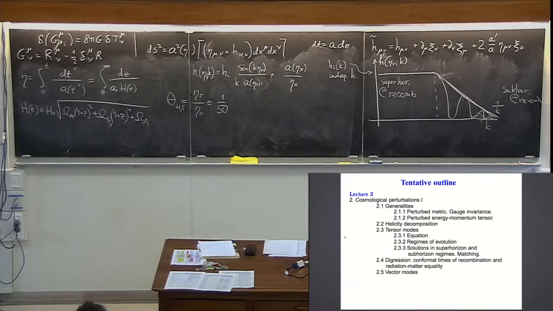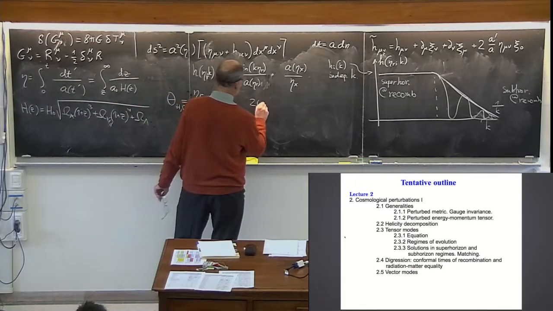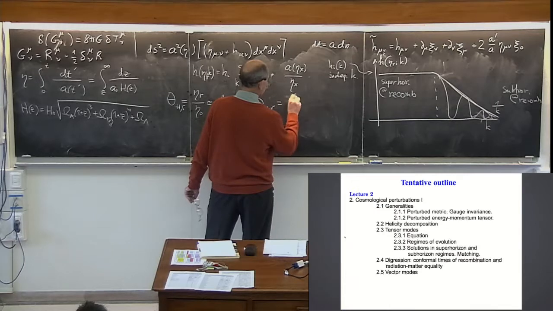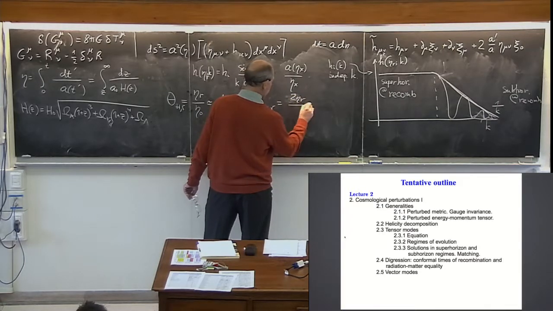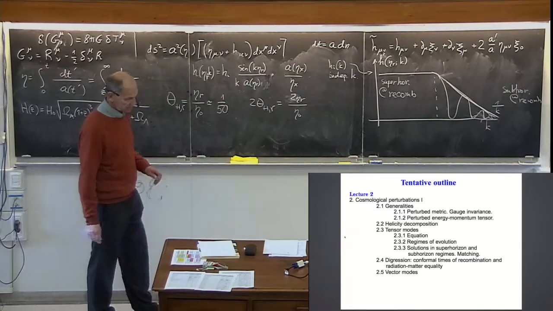And twice this scale, 2 theta h, is the diameter, right? 2 eta r. This is the diameter divided by eta 0, and this is 2 degrees.